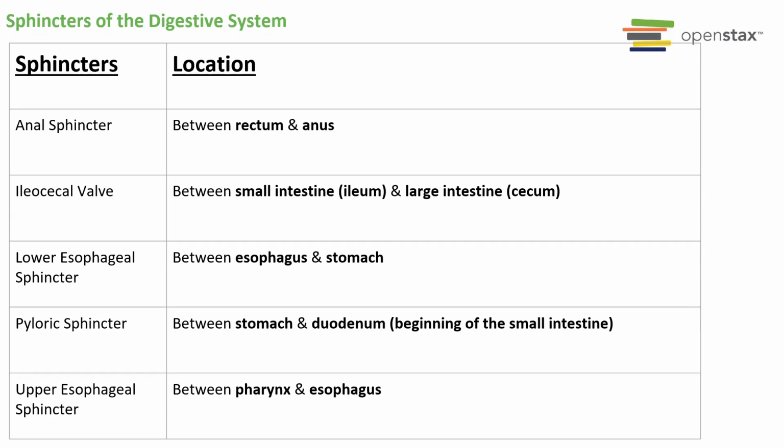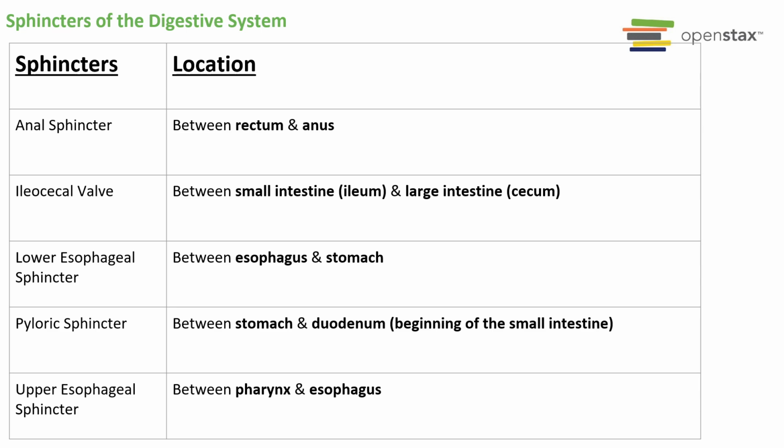Lastly, I'd like to highlight there are several valve-like structures, and these sphincter muscles consist of circular fibers arranged such that there is an opening in the center when relaxed and no opening is present when these muscles are contracted. This really controls the movement of the food or the bolus along the digestive tract.